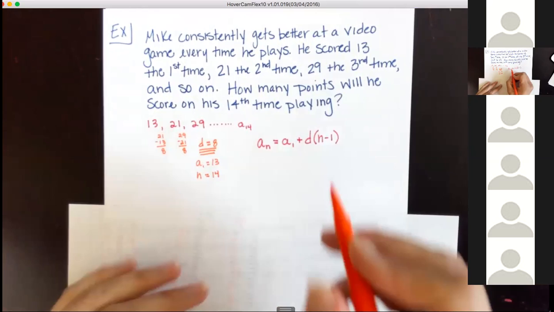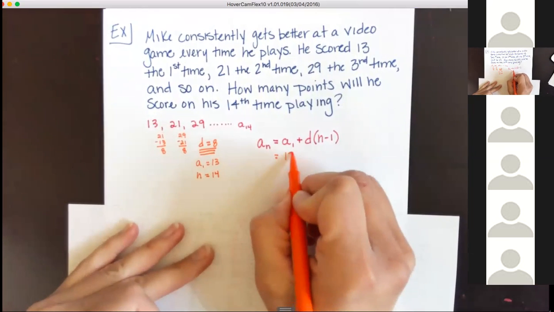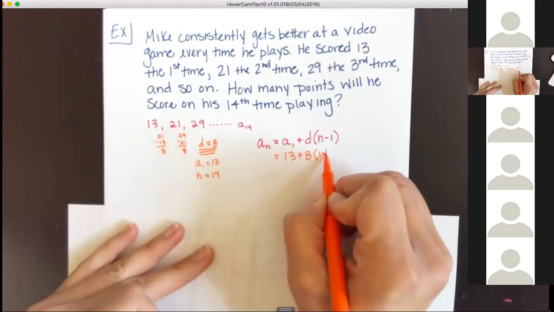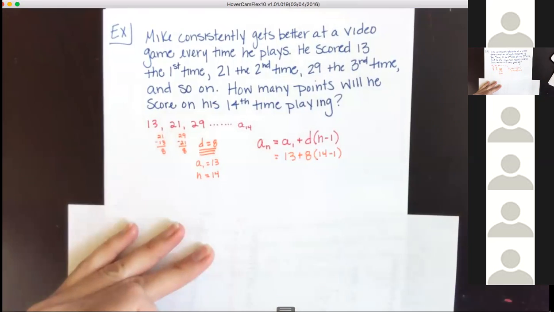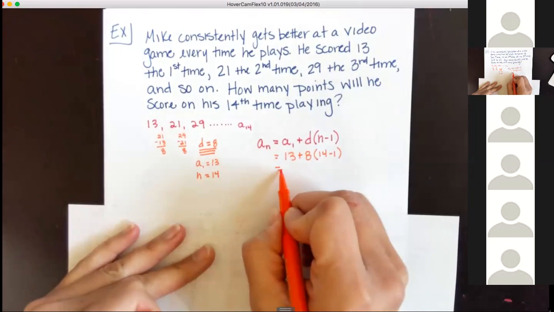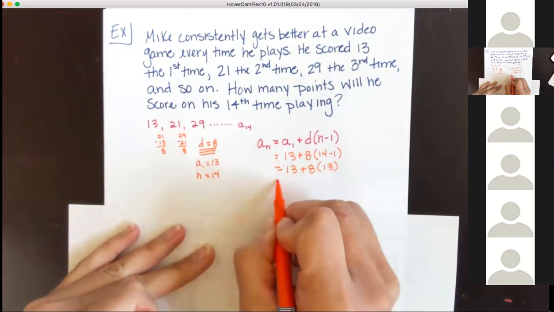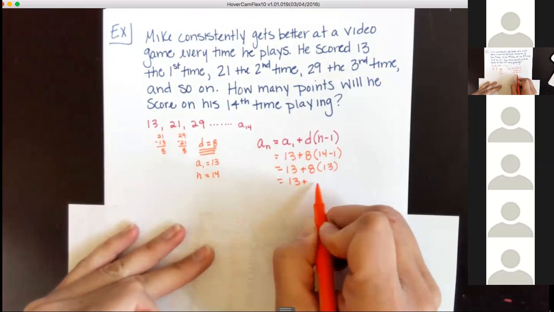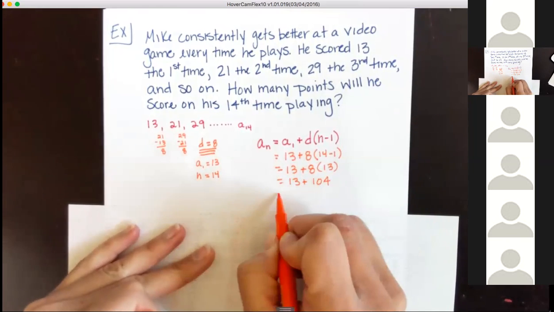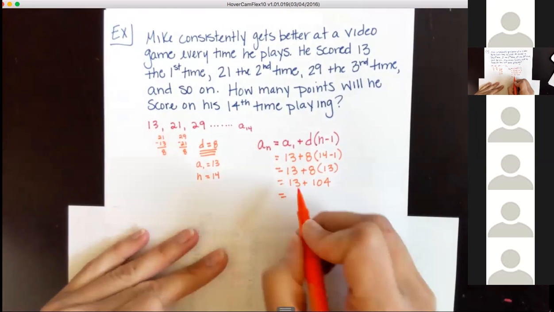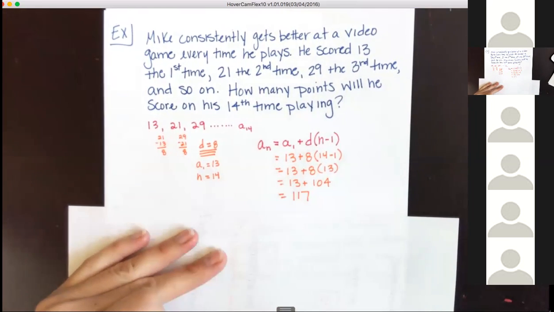So when I plug all of this in, I start with 13 plus 8 times 14 minus 1. And we end up in that 14th position. His score will be 117.